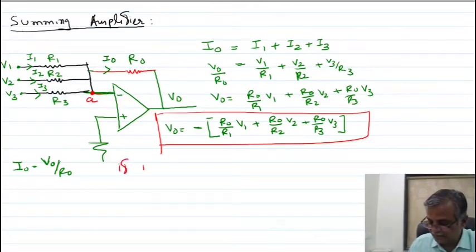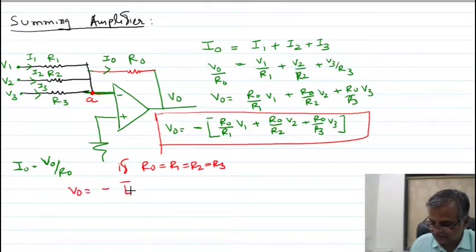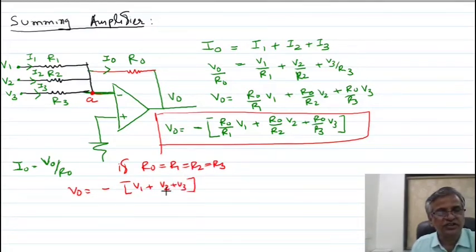If R0 is equal to R1 is equal to R2 is equal to R3, then I can write V0 is equal to minus (V1 plus V2 plus V3), meaning the output is the sum of the input signals.